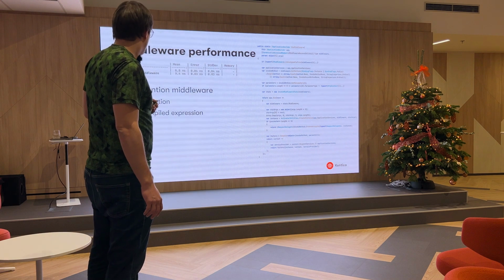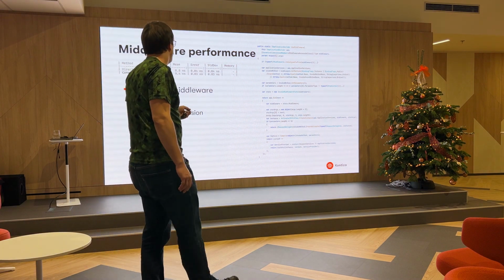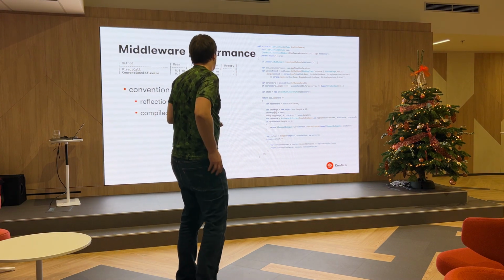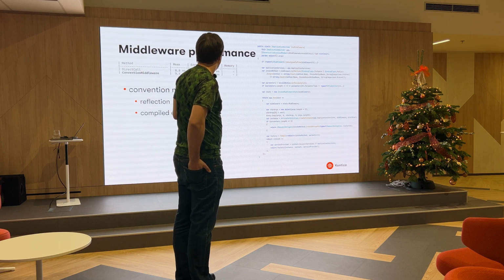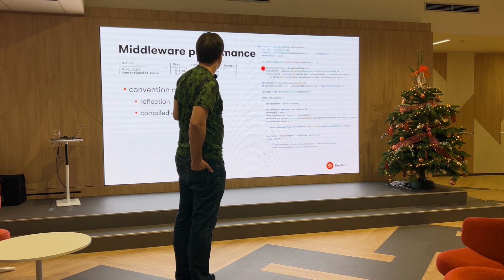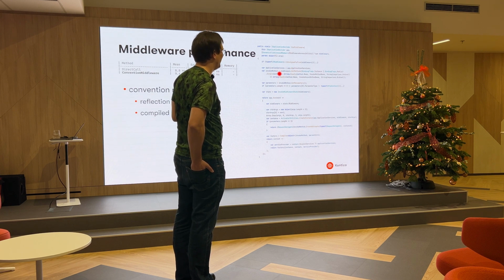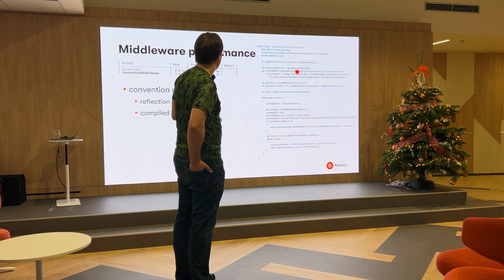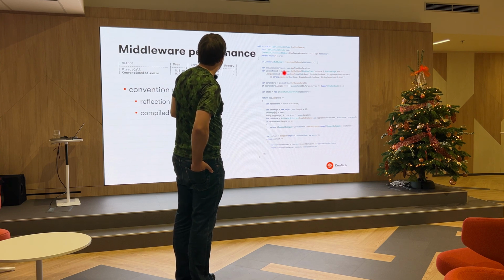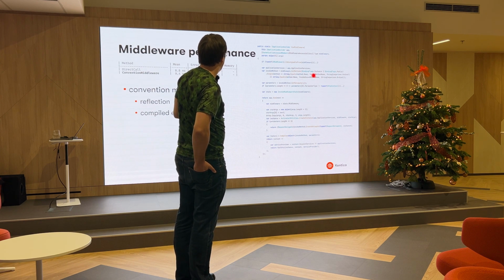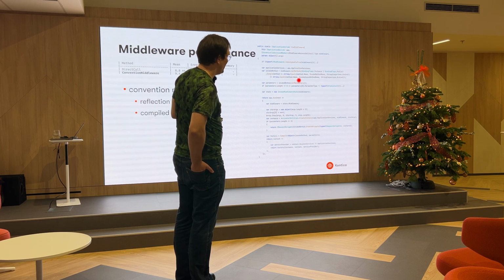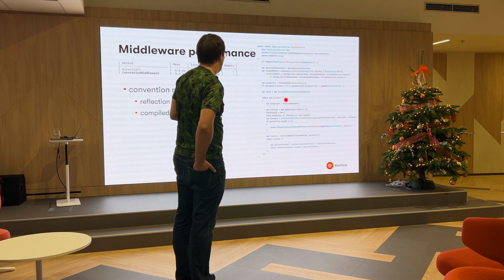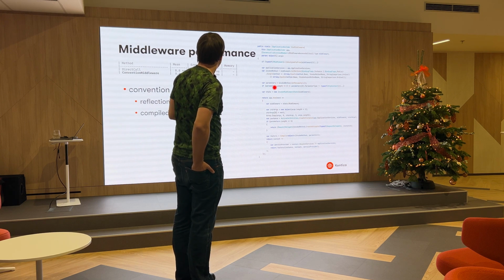So if you call UseMiddleware with that convention-based middleware, it will really do the reflection. You see that we have all the methods we all know, but we don't admit it, right? The GetMethods call, it's instance public, and then we check if it's the Invoke method name or the InvokeAsync method name, because you know, it's a string, so let's check.